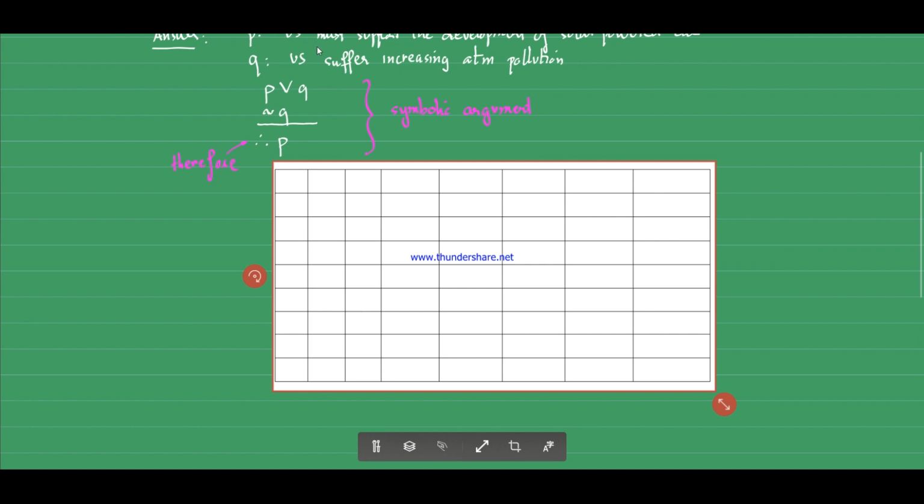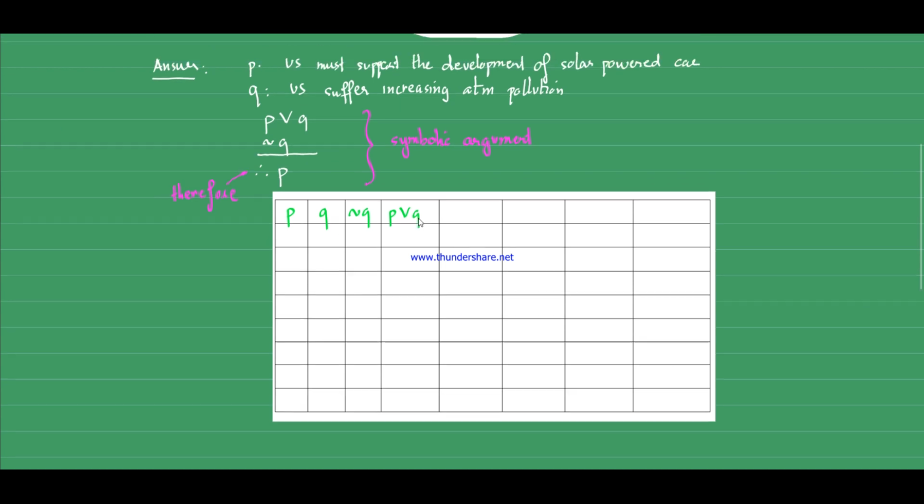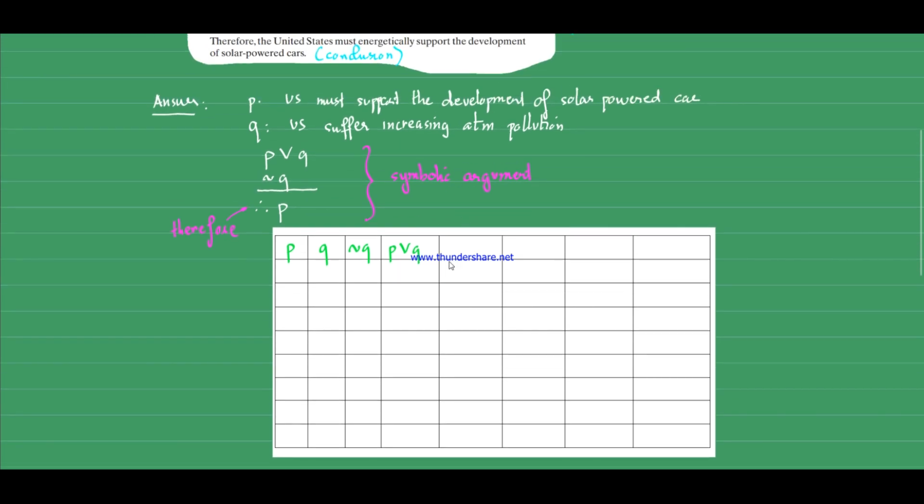So we have P, Q, then we have the negation of Q, then we have P or Q. Then we find the conjunction between the first premise and the second premise. That is very important.